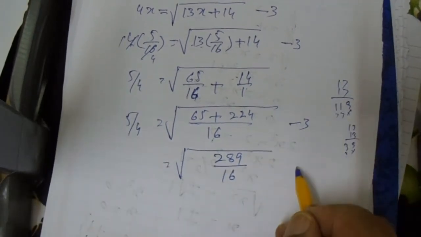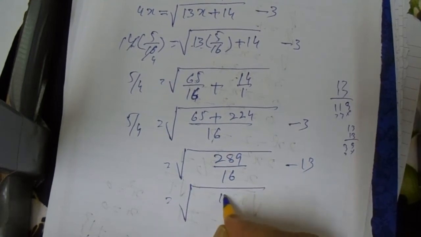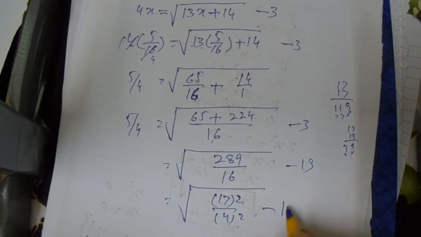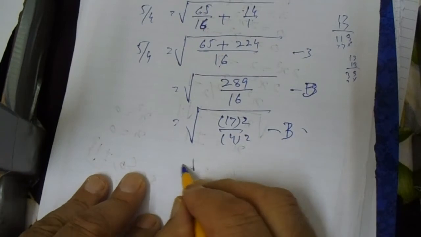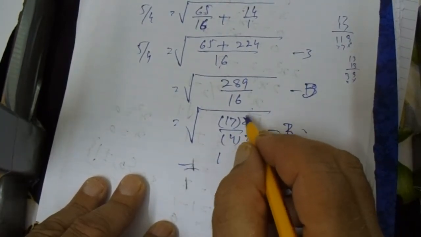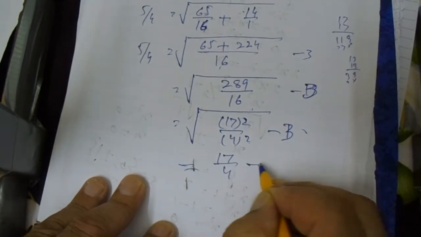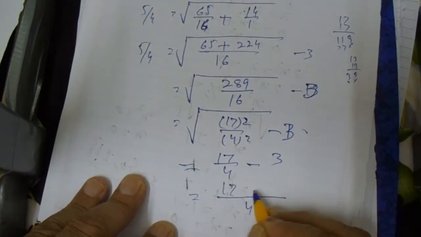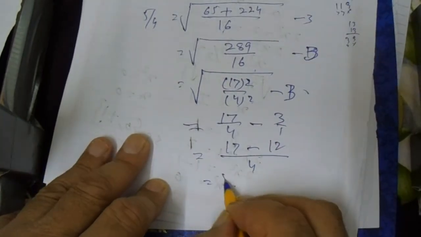Now 17 and minus 3. 17 squared over 4 squared minus 3, this will cancel, and we have 17 over 4 minus 3 is equal to, taking 4 as a common denominator, 17 minus 12, and now we have 5 by 4.